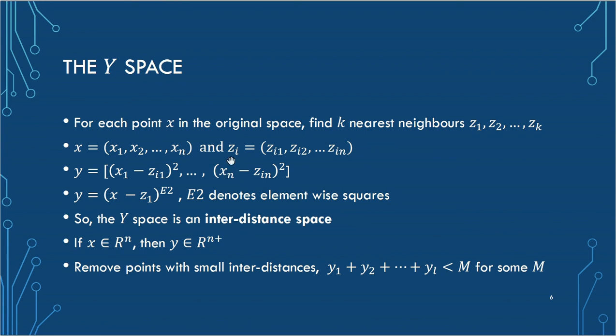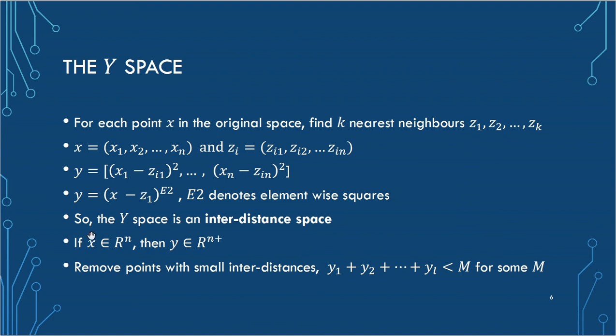And then we do this for every axis, so in the nth axis, (Xn minus Zin) squared. If we write this in a shorter notation, we have the element-wise difference squares: x minus zi, element-wise squares. So the Y space is an interdistance space.